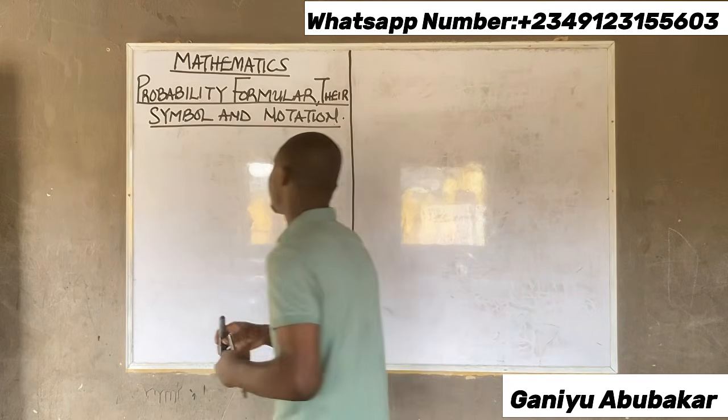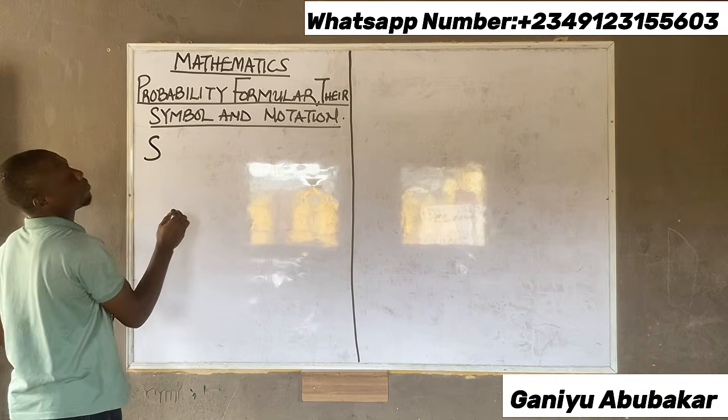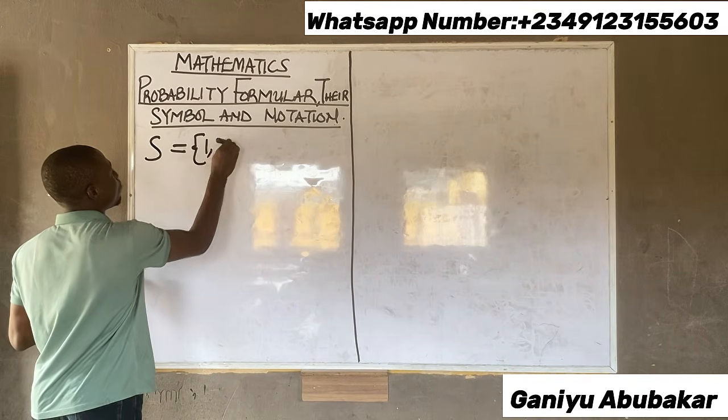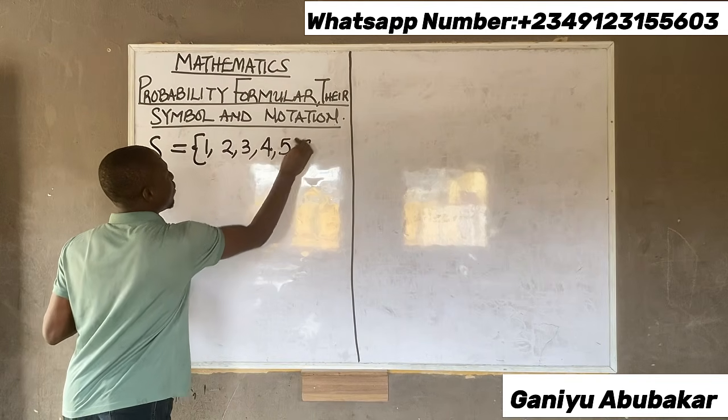So let's say I have a sample space. Let's use a sample space of a die. A die has a sample space of six: 1, 2, 3, 4, 5, 6.